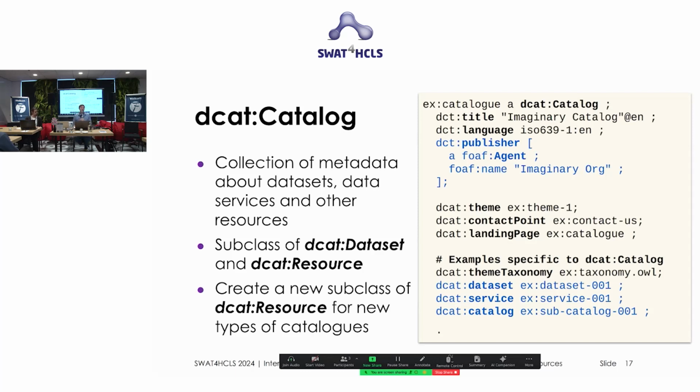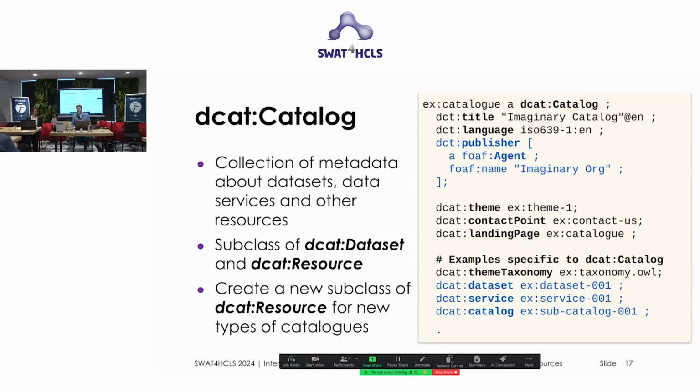Very few of these are actually required. So I have highlighted a few of these that I think are good examples of the interlinking between these different types of objects. But in essence, a catalog is a collection of metadata about different kinds of data sets or services. And it's in itself also a data set.